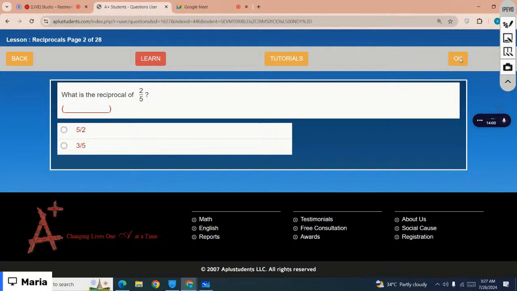What is the reciprocal of 2 over 5? Which is the correct option? That is 5 by 2. Option number 1 is the correct option, right?